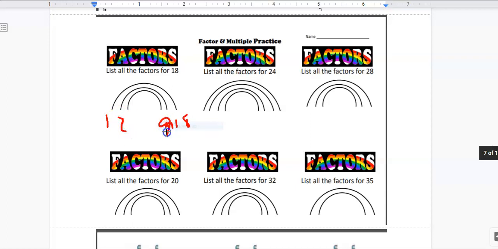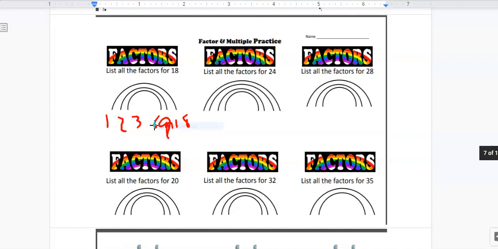And then what else goes in there? Well, 3 and 6, right? So those would be considered the factors. 1, 2, 3, 6, 9, and 18 are your factors for 18.